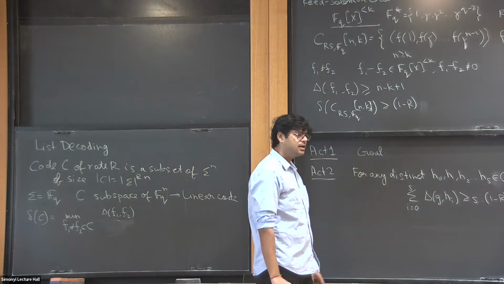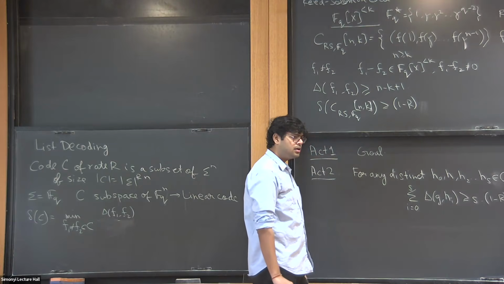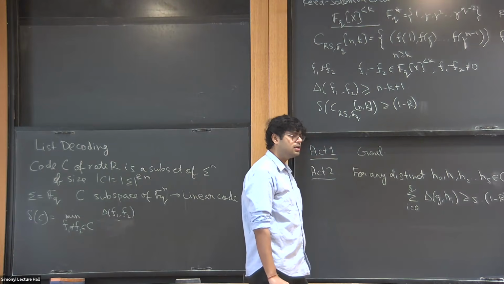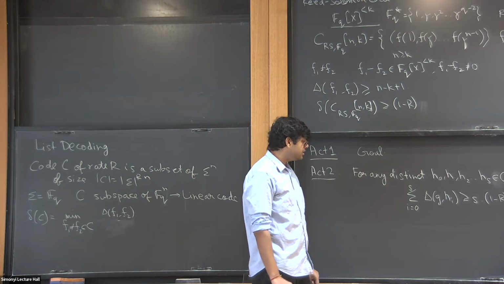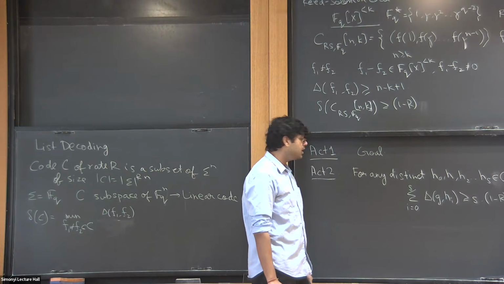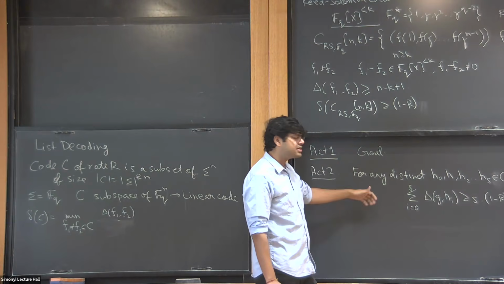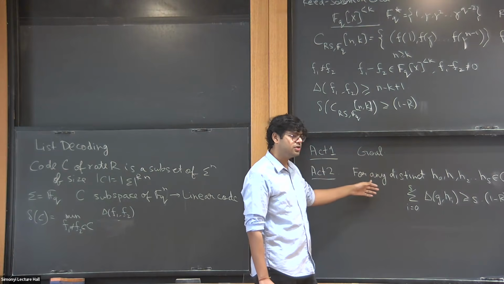Just wanted to say that in the special case where G is one of the HIs, then you get this, depending on your distance. Are we assuming distance 1 minus R? Yeah, so we are assuming distance. Distance was easy to get. This is going to be a stronger property.